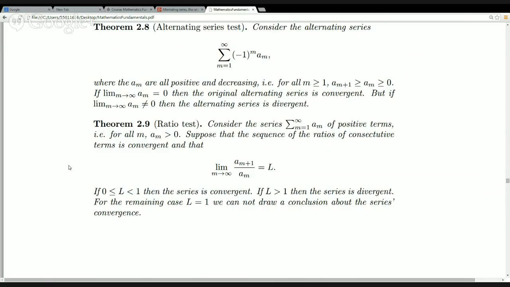And so this series, the sum of n factorial over 3 to the power n, is divergent by the ratio test.